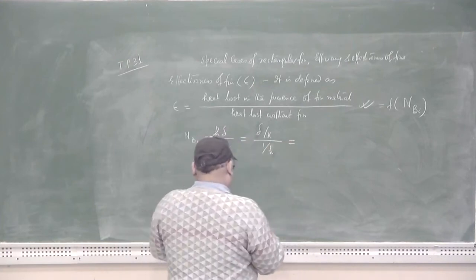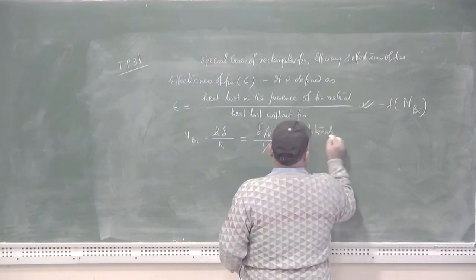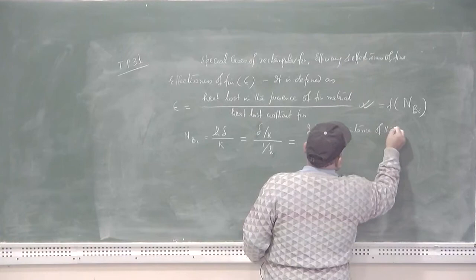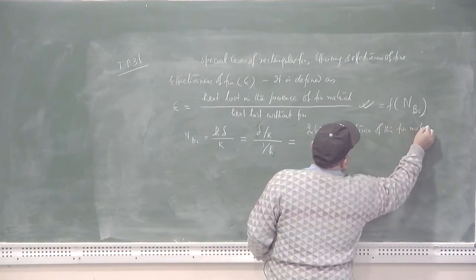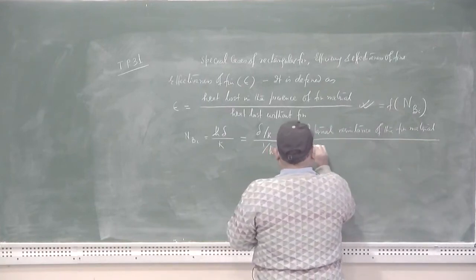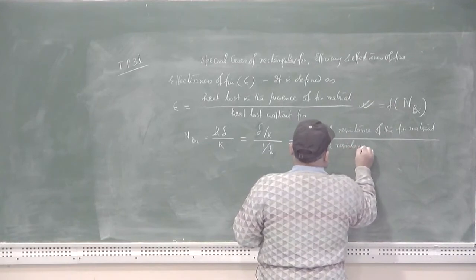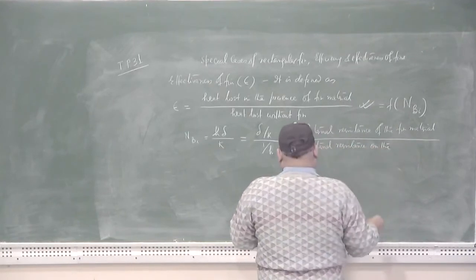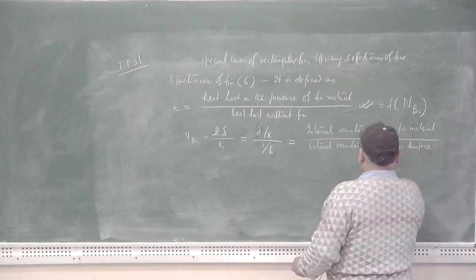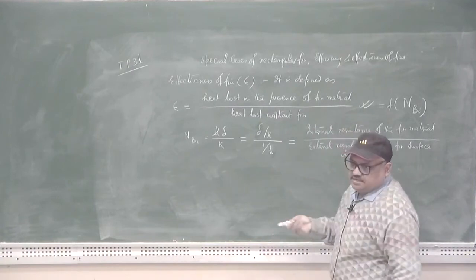It is defined as the internal resistance of the fin material, because the thermal conductivity term is there, divided by the external resistance on the fin surface due to fluid. What is the fluid here? That is the air.